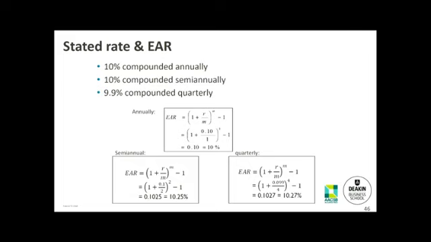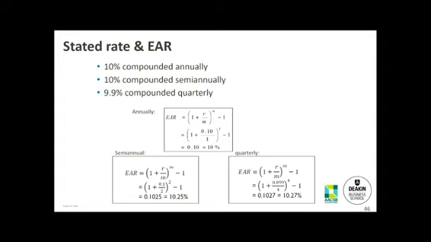It compounds semi-annually, you will have an EAR of how much? 10.25%. Which means if you borrow $100 from the bank, if it's compound semi-annually, your actual interest payment over the year will be $10.25. Not $10, because based on the stated rate, you may think it's $10, but not really the $10. Does this make sense for you?